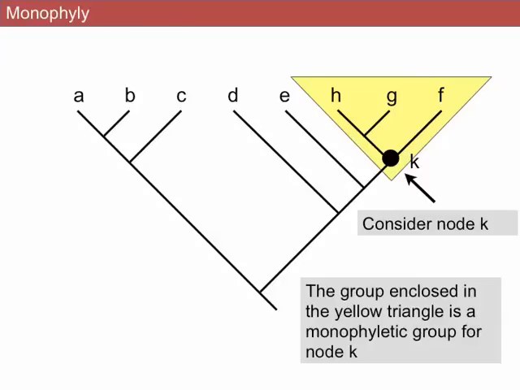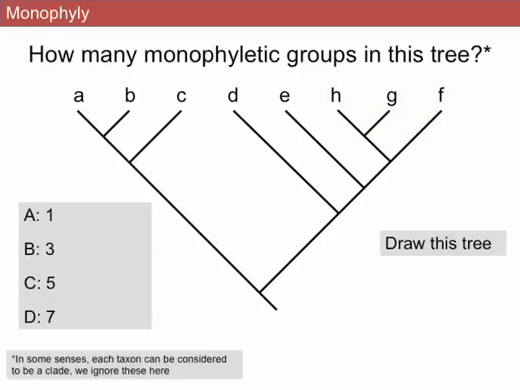In some classes, in some books, in some discussions of evolution, people even include the single taxon that is at the tip of a tree as its own monophyletic group. We're not going to do that here. We're talking about multiple taxa for whether or not they are a monophyletic group.